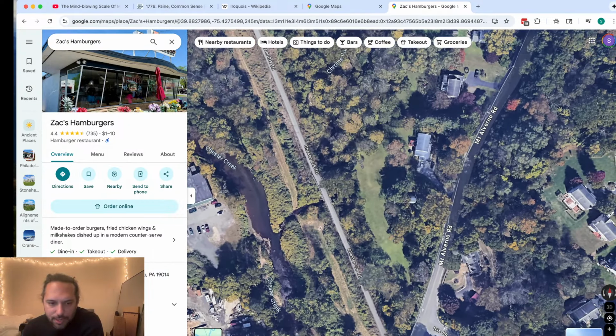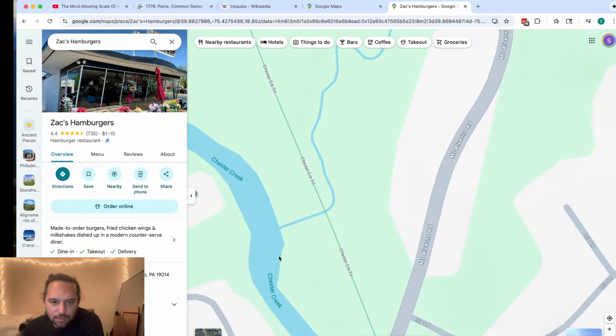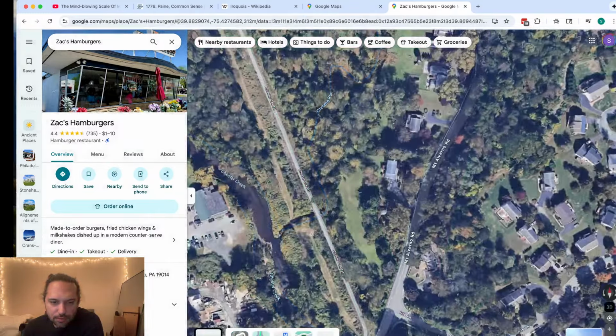I wonder if we can get a topography. Is there a topography map? Terrain? Let's see. No, that's not very helpful. I guess it's pretty flat.